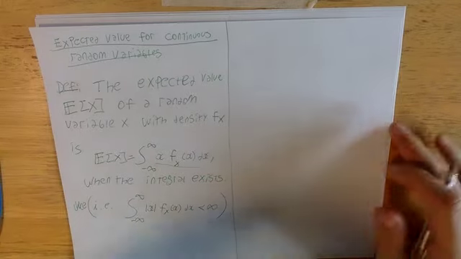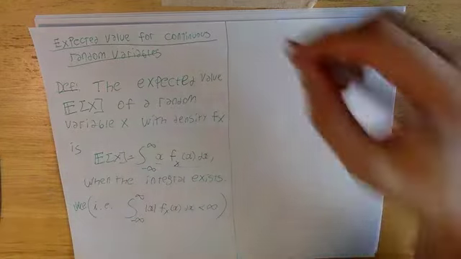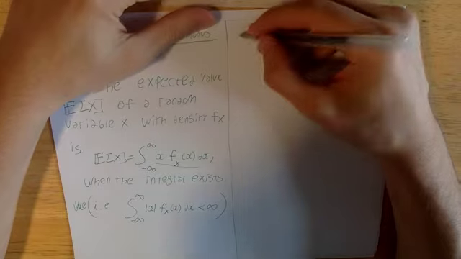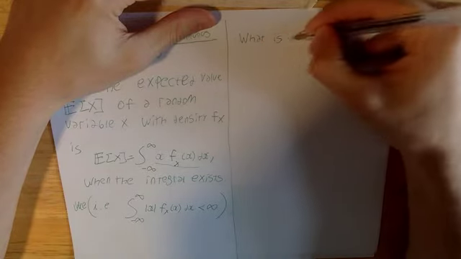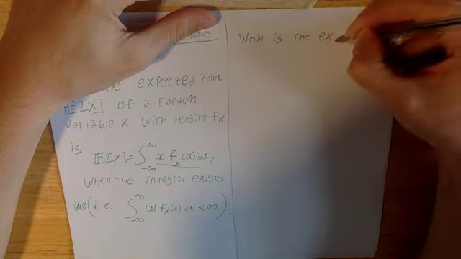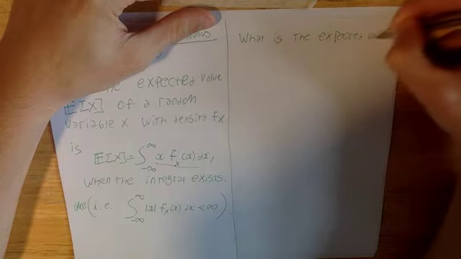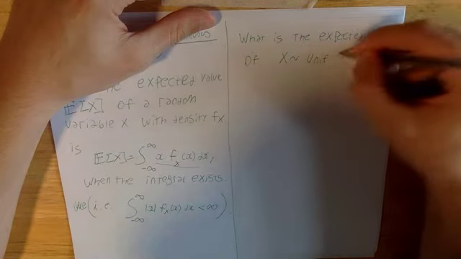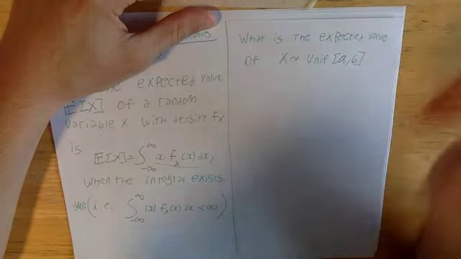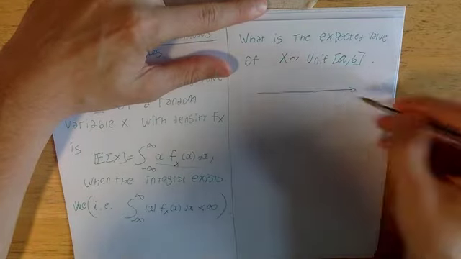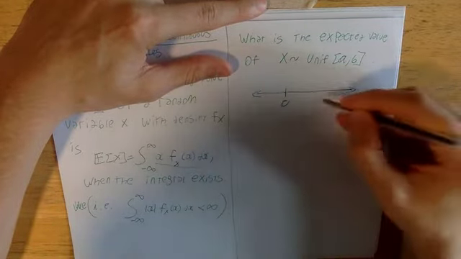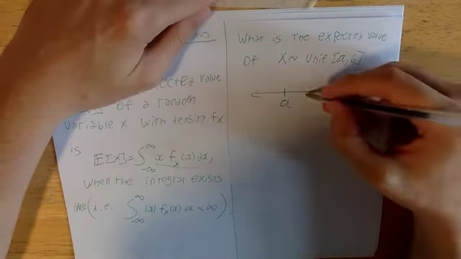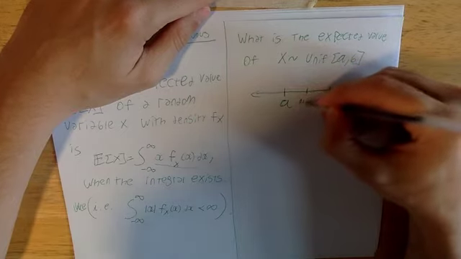Okay, so let's try to make sense of this. Let's do a couple of examples. What is the expected value of X which is uniform on (a, b)? Again, this is a question you can consider with symmetry. Let's consider the midpoint, which would be a plus b over 2.